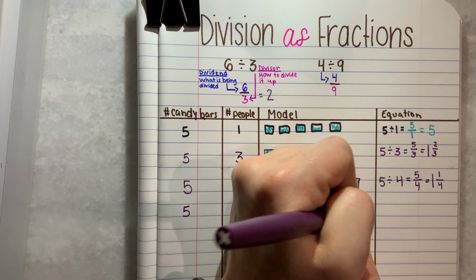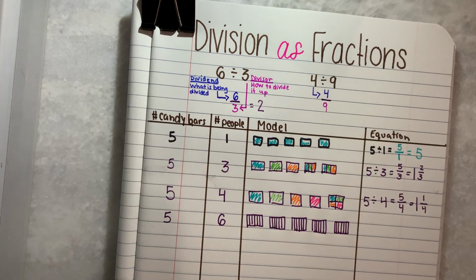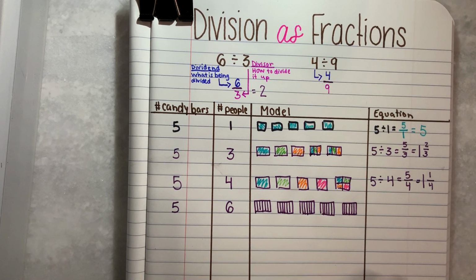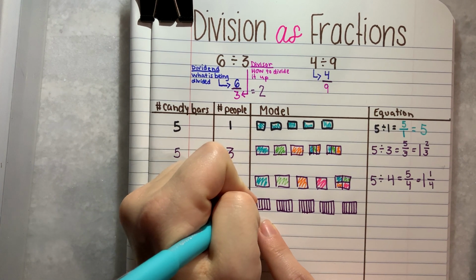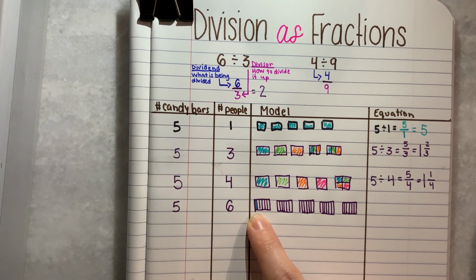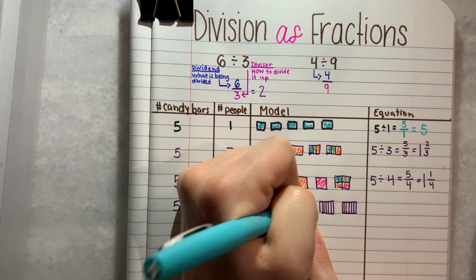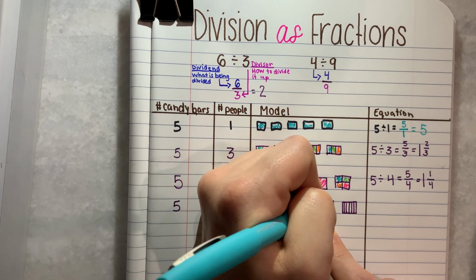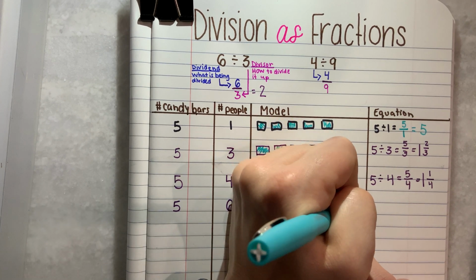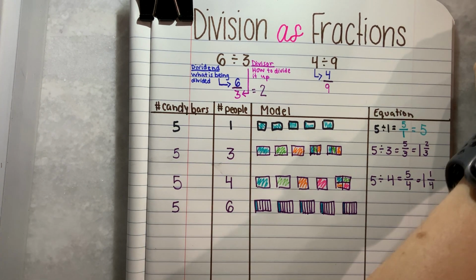Sorry as I pause as I draw my models. And then to make sure we're equally distributing it, there are different ways we could use the model, but I'm just going to do it so that each person, so there's person 1, is getting 1 part of this one, 1 part of that one, 1 part of the 3rd candy bar, 1 part of the 4th candy bar, and 1 part of the 5th candy bar.